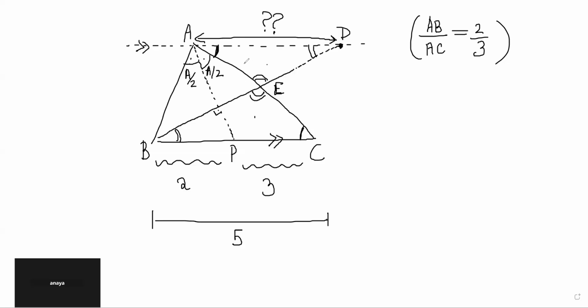So we can say the ratios of the sides will be equal, and therefore AD by 5 will be equal to AE, which is opposite to this, and in this triangle it is EC. So AE by EC is equal to DE by BE, right?